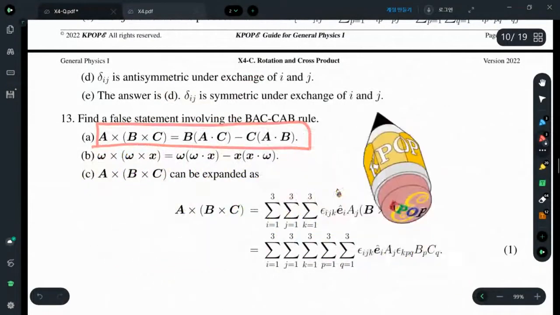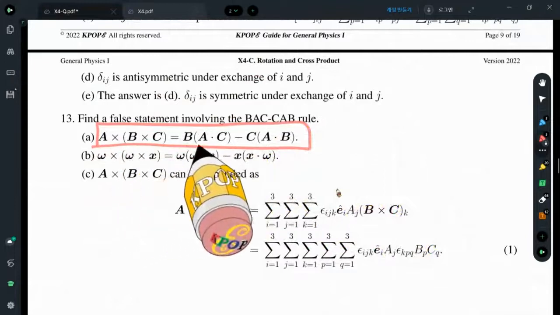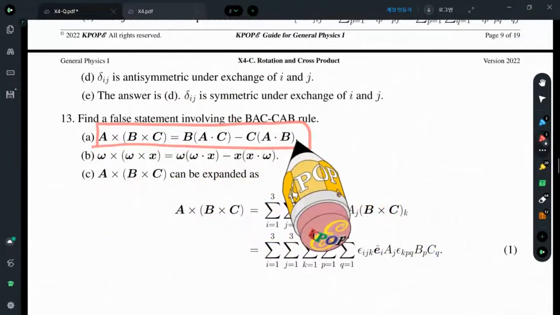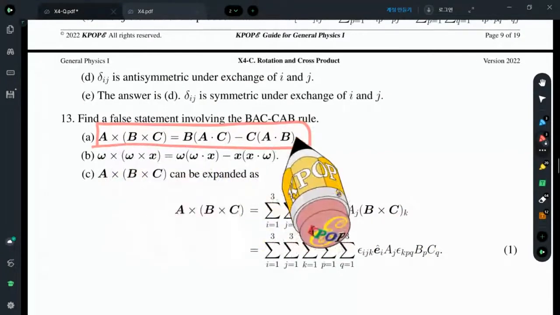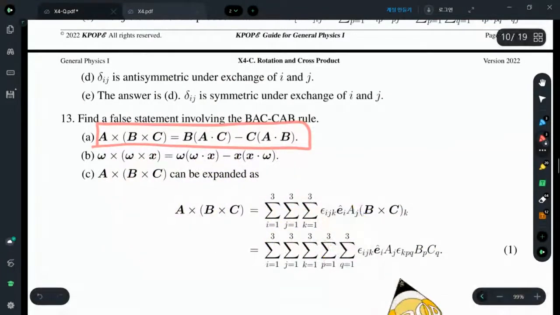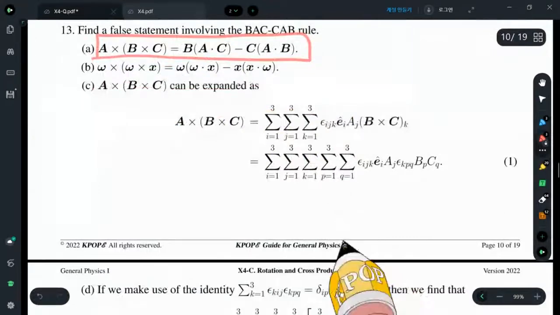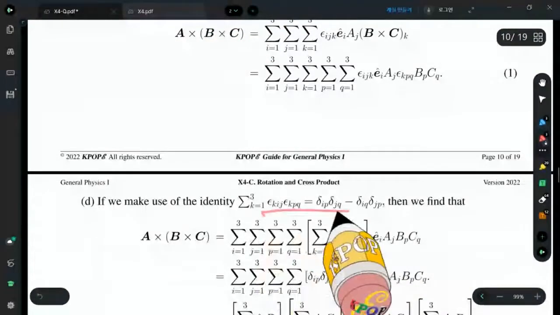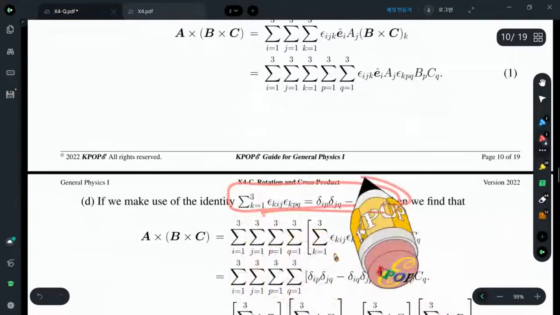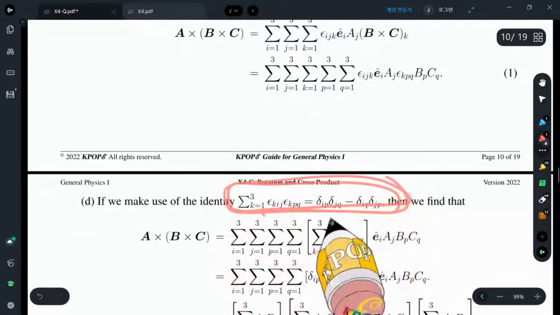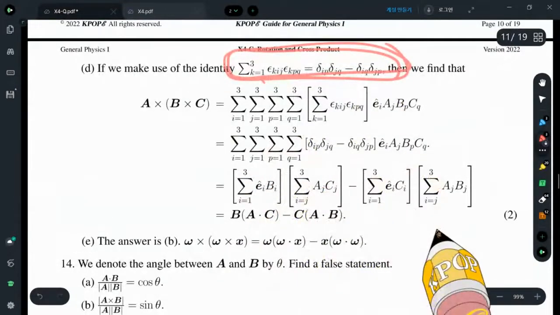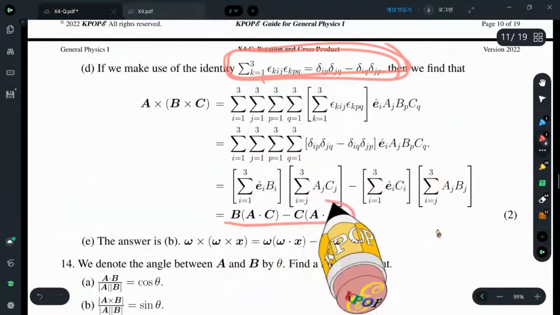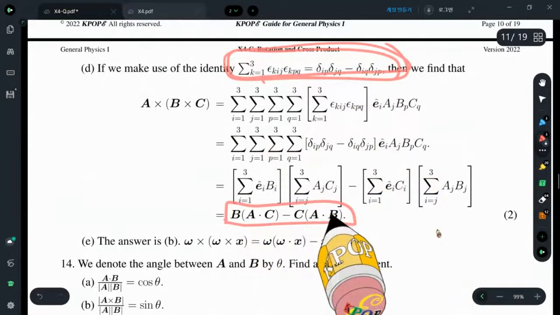I hope you memorize this BAC-CAB rule. You have to memorize this. The derivation of this formula is given here by making use of this identity. And the detailed derivation is given here. The BAC-CAB rule should be memorized.